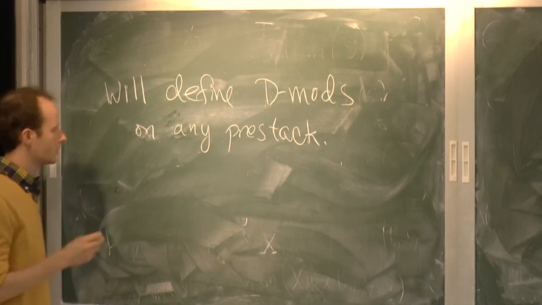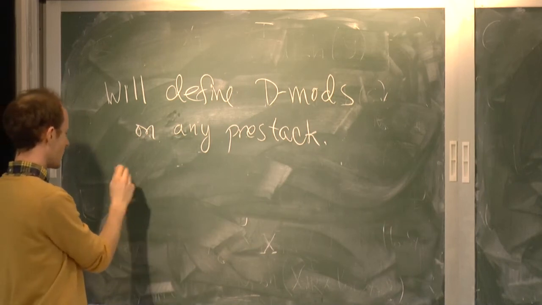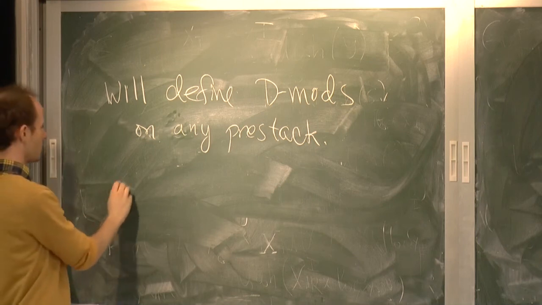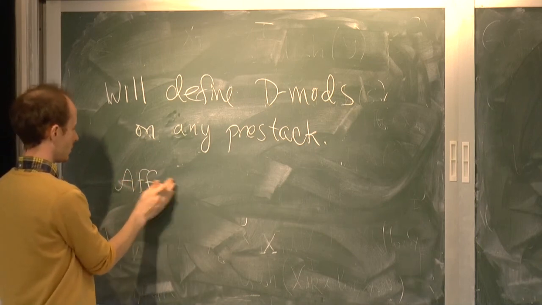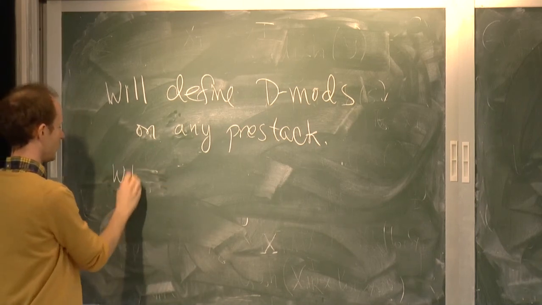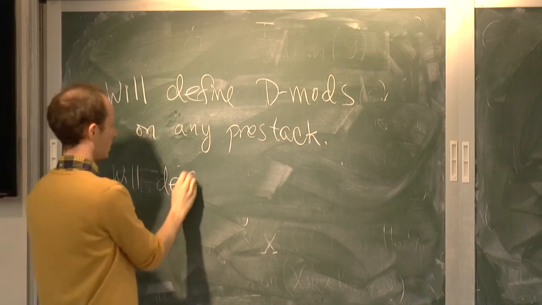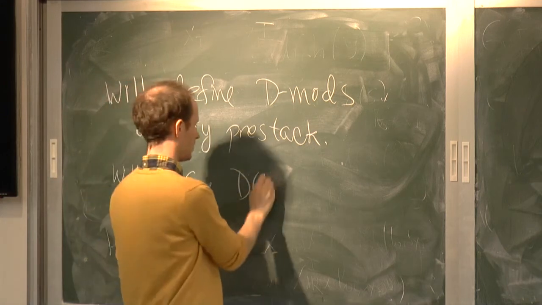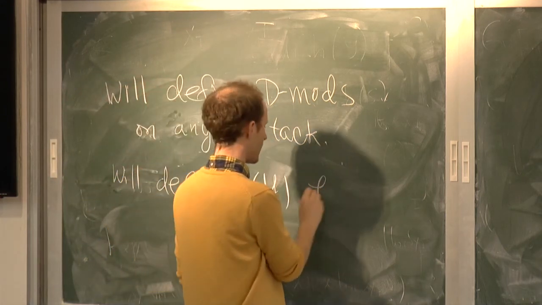Yeah, absolutely. So, okay, now here's a definition. We have one approach to solving all of these problems, but first we have to define it. So what I'm going to do, let me say very carefully, is define D of Y for any pre-stack.